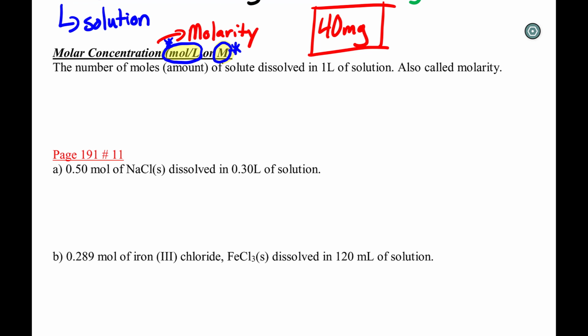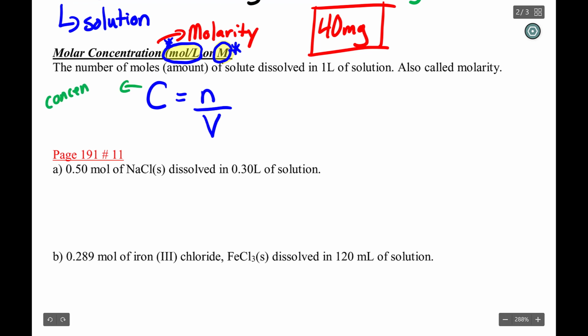So the equation is the following. Concentration is the number of moles per volume. Capital C stands for concentration. Okay, this is in moles per liter or molarity, either or.